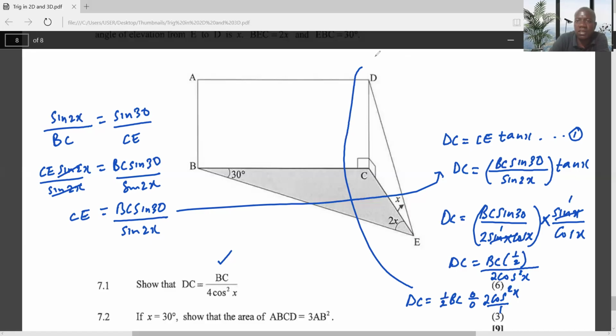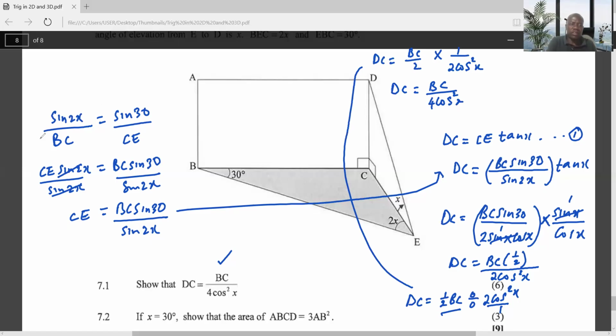DC equals BC over 2, times, changing division to multiplication, 1 over 2 cos squared x. Let's now multiply the numerator. BC times 1 is BC. Denominator, 2 multiplied by 2 cos squared gives us 4 cos squared x. Remember, I'm showing all the steps. That's why the expression is long.